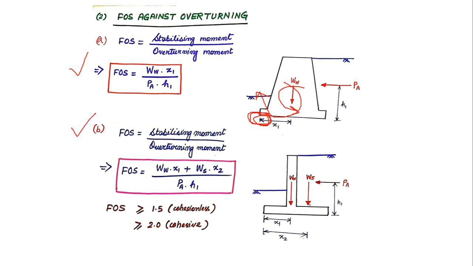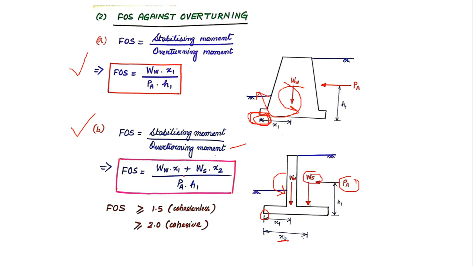Next, let us see the factor of safety for overturning in case of a cantilever wall. Again, stabilizing moment by overturning moment. What is the overturning moment over here? It is PA into H1, which will again act in the anti-clockwise direction. And what is the stabilizing moment? I will be having two types of stabilizing moment. One is WW into x1 about this point, where WW is the weight of the wall, and the other resisting moment is because of the weight of the soil itself, which is WS into x2.